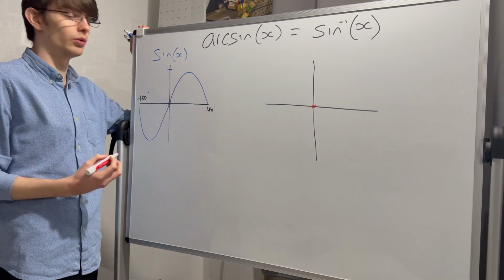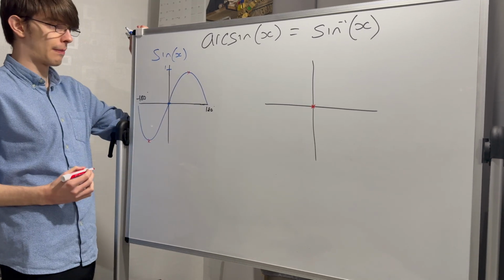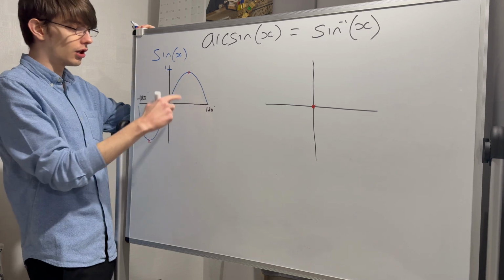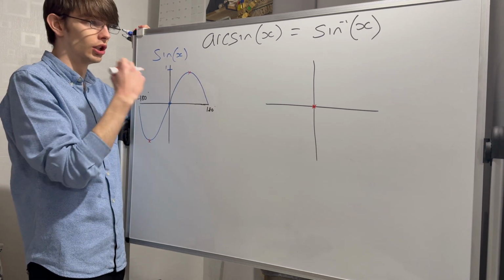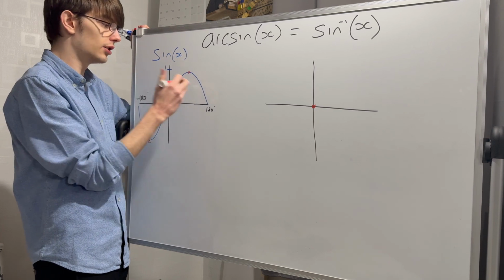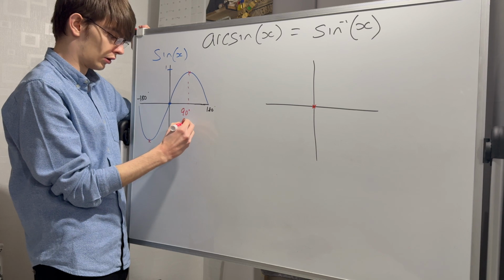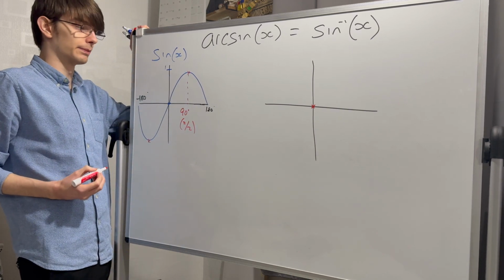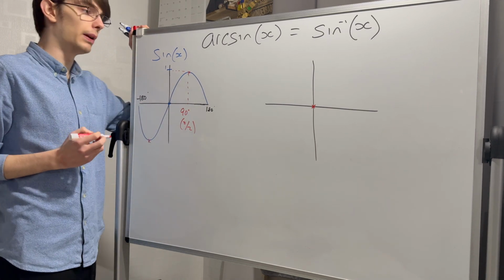Now I want to do the peaks and the troughs. So at the peak here, I am at 90 degrees. And I'm going to stick to degrees, but radians are also a good idea to use. I might do it in both actually. So 90 degrees or pi by 2 radians. And my y value is 1. It's my peak.